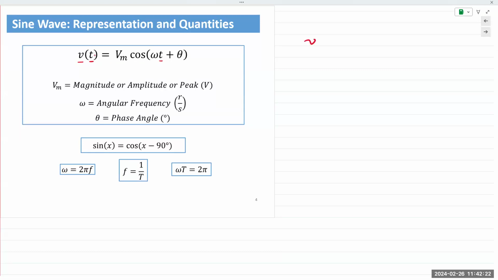So this representation could be for voltage or current or power. We have three quantities in there: Vm, omega, and theta. The m stands for the magnitude of that waveform. It's basically describing the value of that quantity on the y-axis.